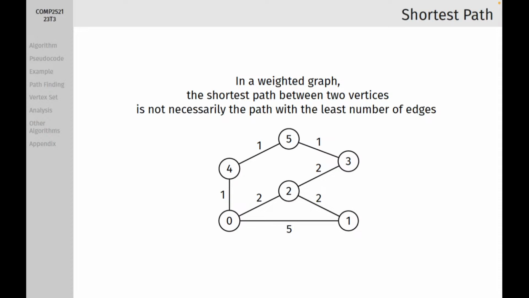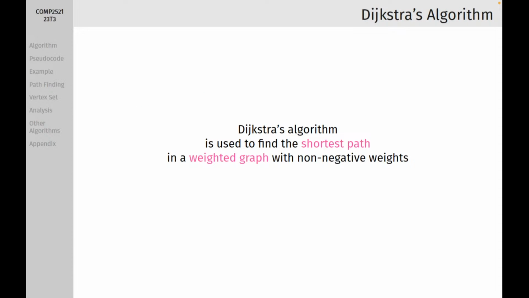We have to use another algorithm, like Dijkstra's algorithm. So what is it? It's used to find the shortest path in a weighted graph with non-negative weights. Negative weights can cause problems for Dijkstra's algorithm, so we assume that the graph doesn't have negative weights.